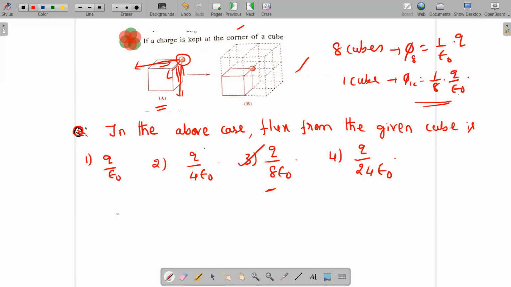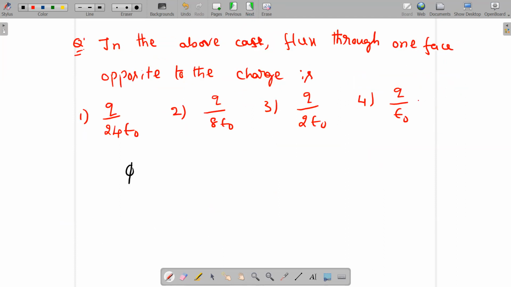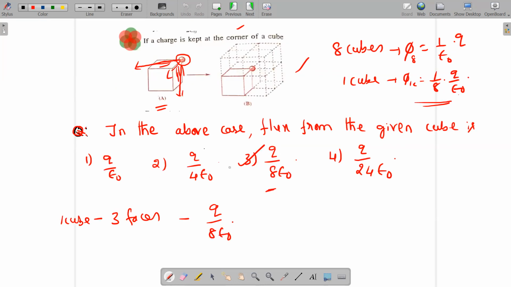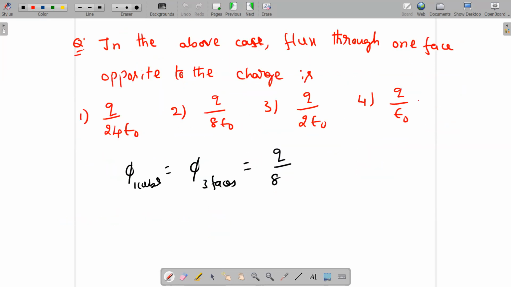So we can say that in one cube, 3 phases contribute for flux, and the flux through 3 phases is q by 8 epsilon naught. Is it clear? Flux through one cube means flux through 3 phases is equal to q by 8 epsilon naught.